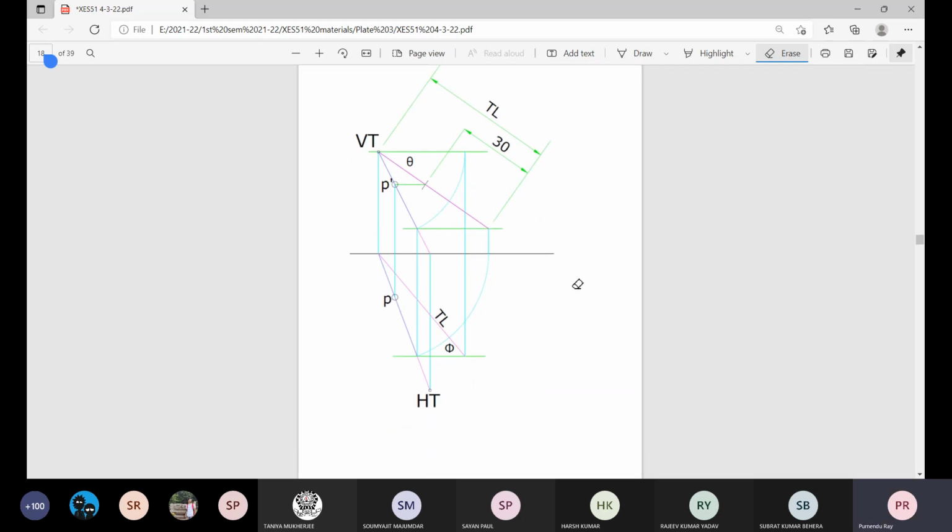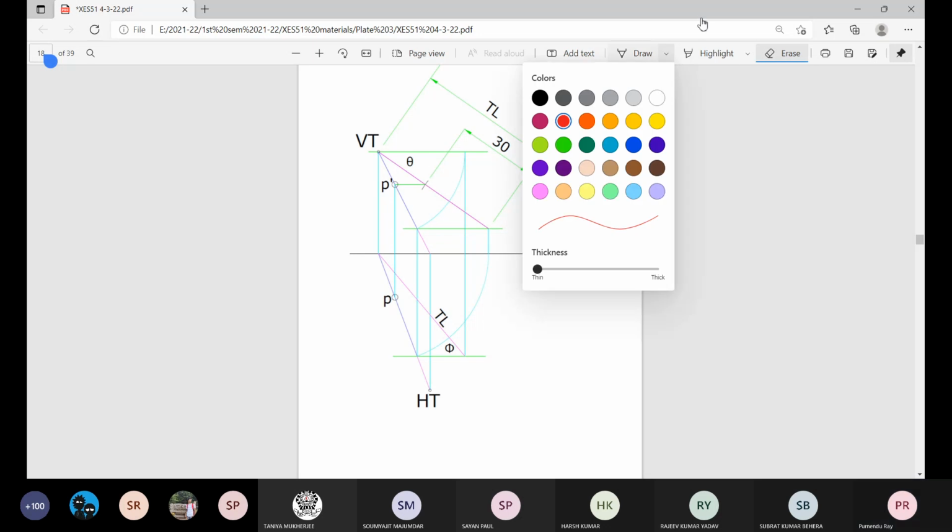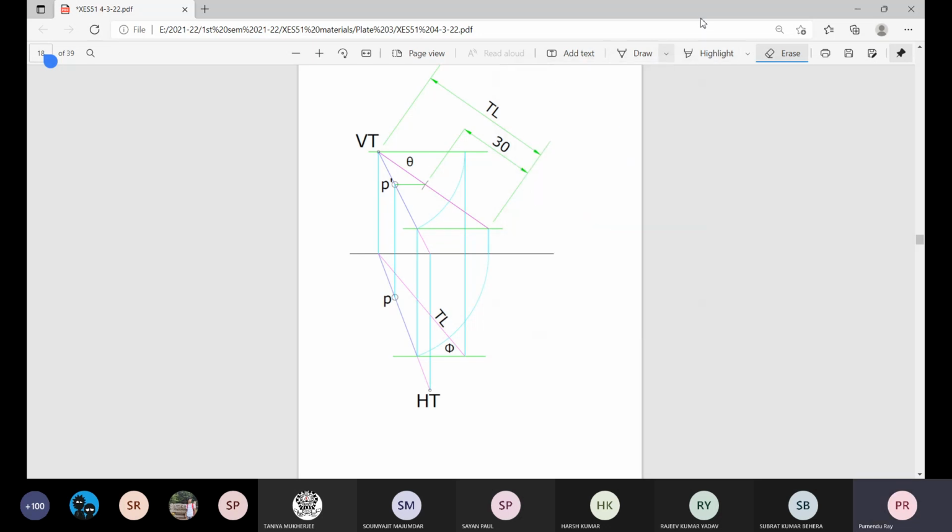Okay. So you know the process of how to find the true length and true inclination. So once it is there, go to that true length, measure this length 30 from the bottom and identify this location.